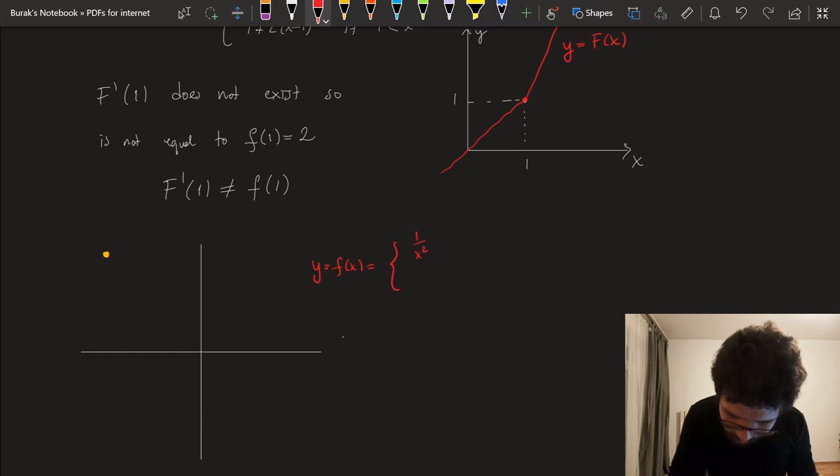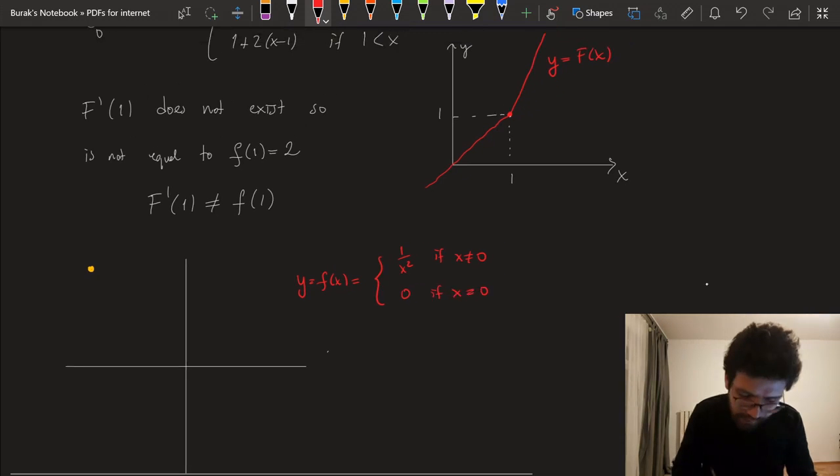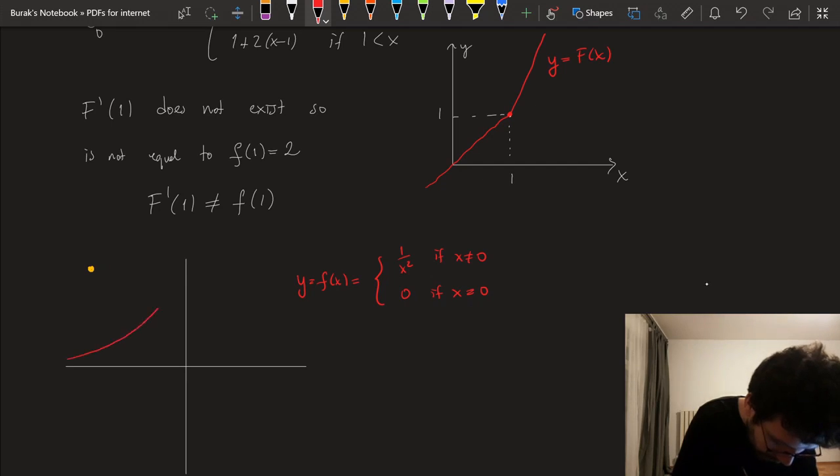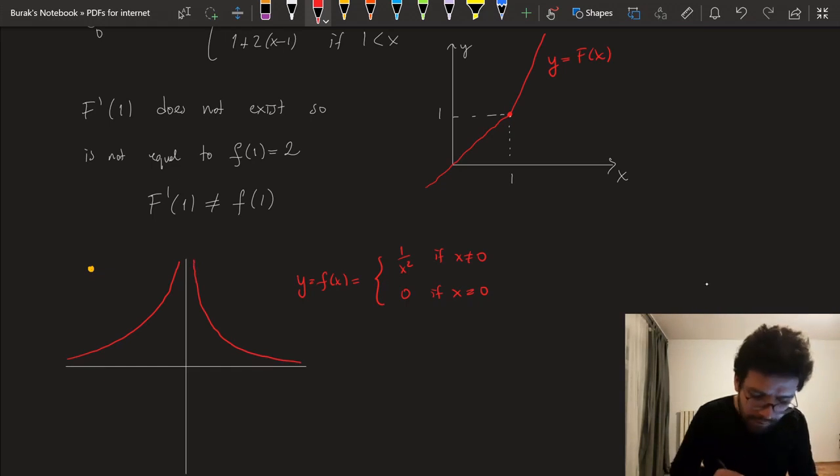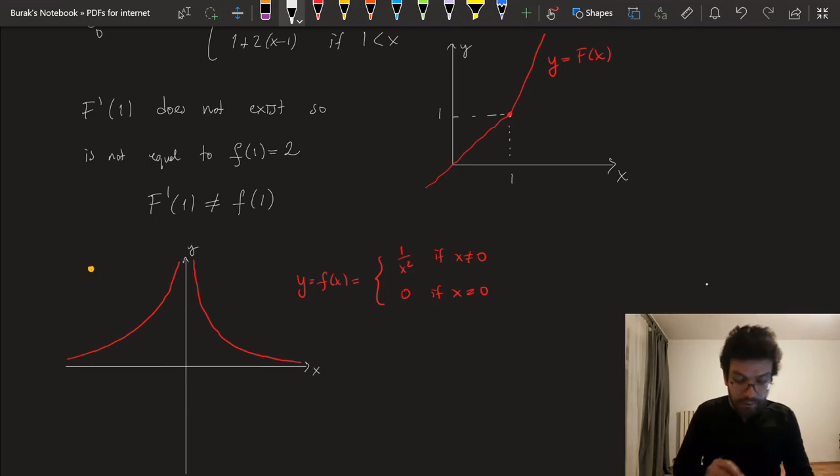It's 1 over x squared if x is not 0, and if x is 0, it is 0. If you plot this, you'll see that your function looks like this, and you have a vertical asymptote at x equals 0. Okay.